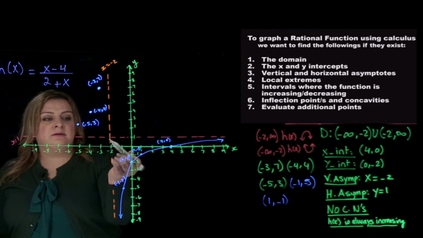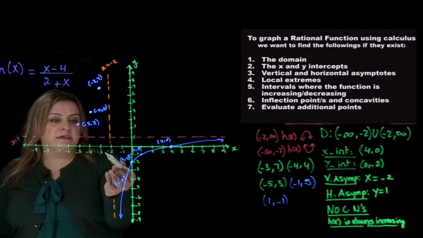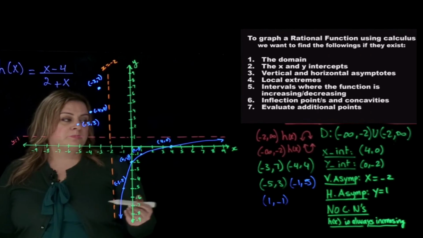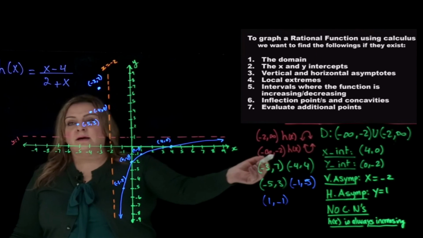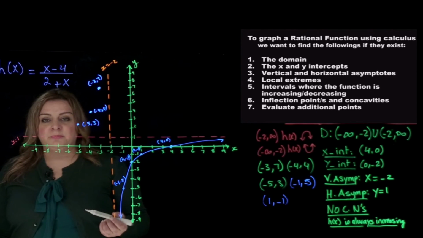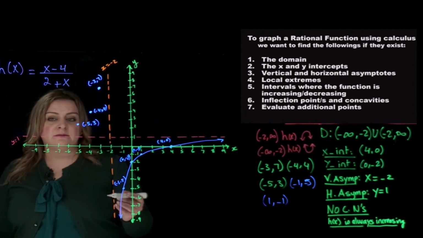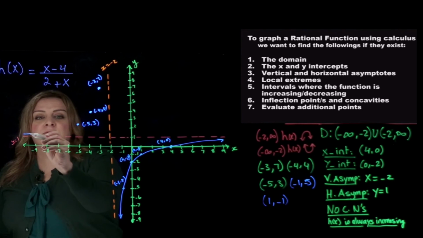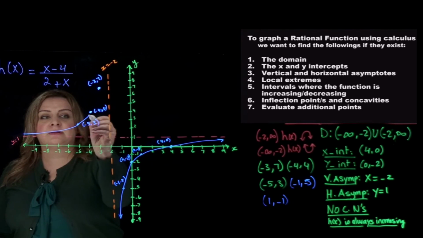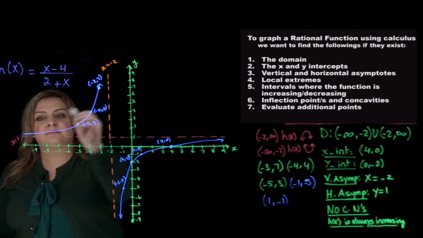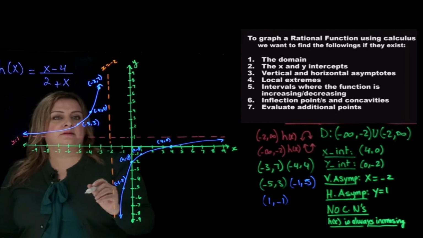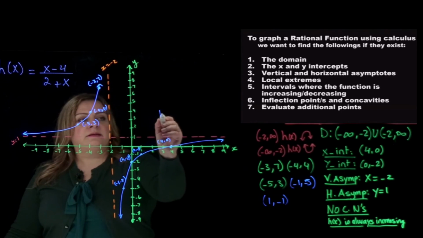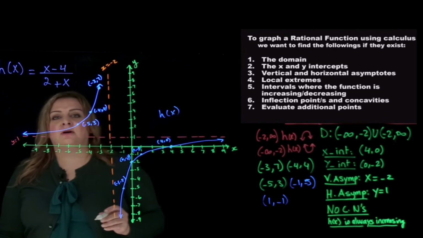Now on the interval -infinity, -2 on the left side, I know that h of x is concave up, and it is increasing. So I'm assuming it's going to look something like this, going through the points I found. And this is the graph of h of x.